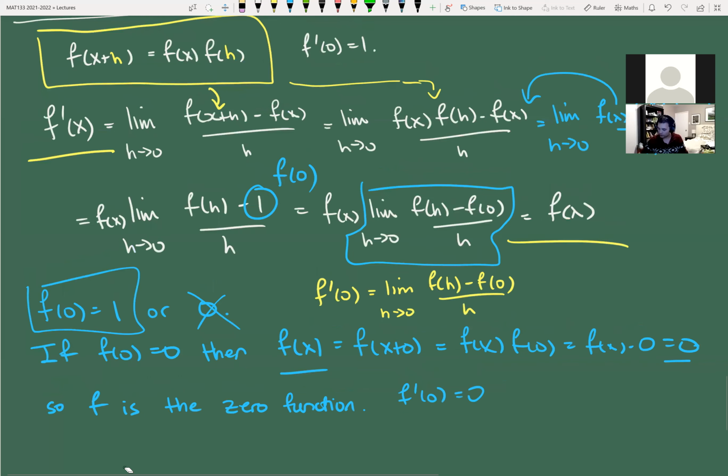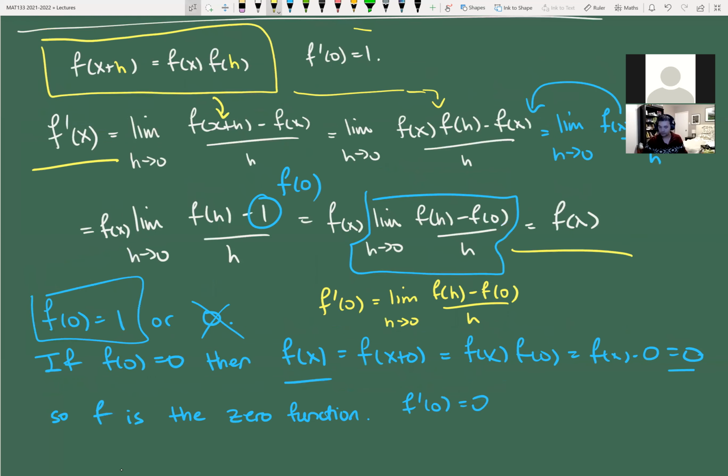But we're told at the beginning of the question that f prime of 0 is equal to 1, namely, it's not equal to 0. So it can't be that f of 0 is 0. Otherwise f prime of 0 would have to be both 0 and 1 at the same time, and that's not possible. So we conclude that f of 0 is equal to 1. Does that make sense?